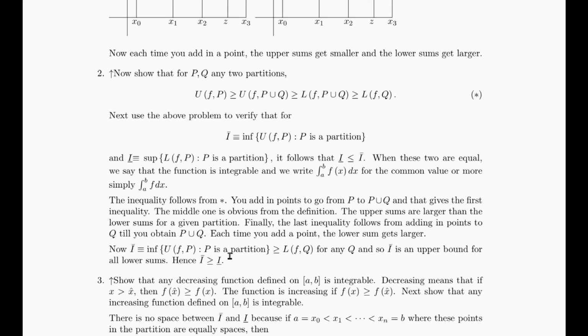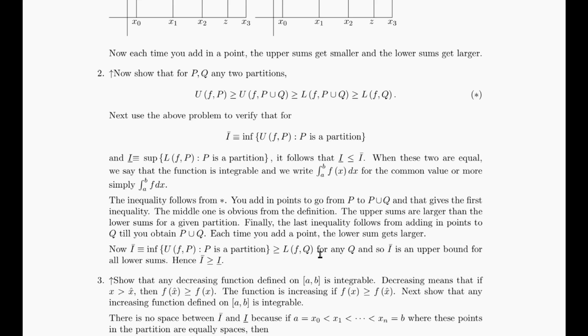I upper bar is the infimum of all these. What I know is that each of these upper sums is bigger than a particular lower sum. Okay? So if I take the infimum of all of these upper sums, it's bigger than or equal to this particular lower sum, because this, after all, is a lower bound. So the greatest lower bound is at least as big as this.